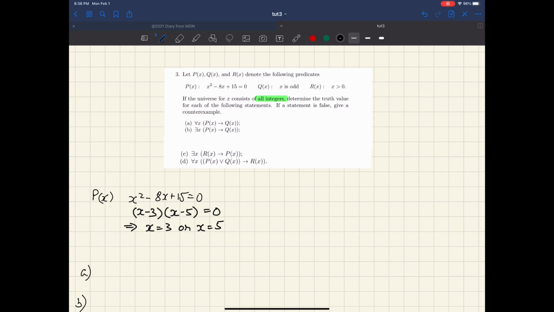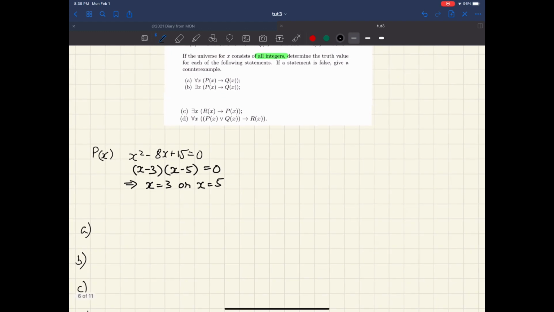So the first one says for all x, Px implies Qx, which is if P of x, then Q of x. So if you have an x that solves P of x, it would also solve Q of x. There are only two x's which fit in P of x, which are 3 and 5.